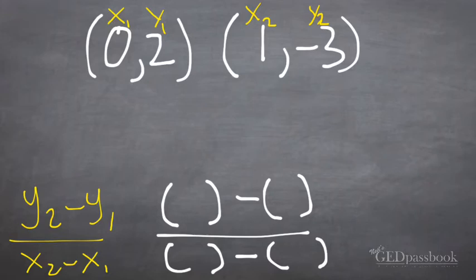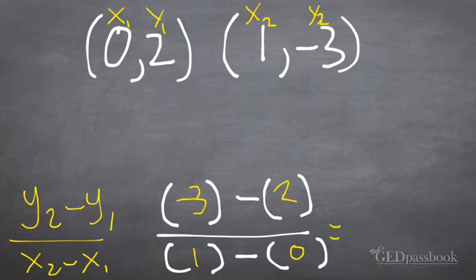So, y2, somebody said it, -3. What should go in here, into my y1 spot? 2. What should go in there? 1, and the last one being 0.